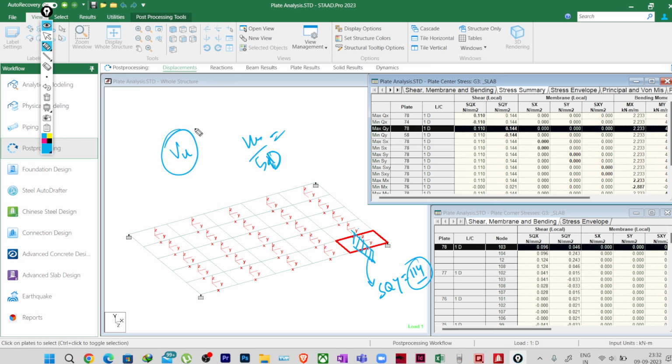Or if you see this is my tau v, then you will find what is the tau c or tau c max. So that you can do in the design, but this is how you will be interpreting the analysis results for the plates in STAAD, especially for out of plane bending and out of plane shear.